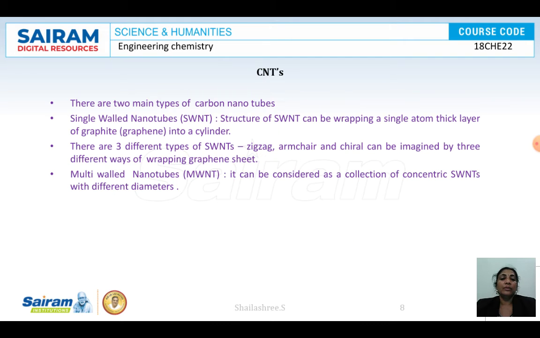And these carbon nanotubes are of two types. See the diagram.